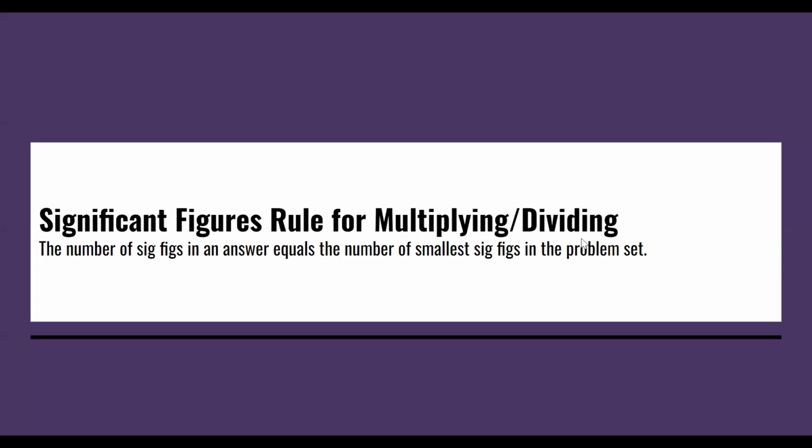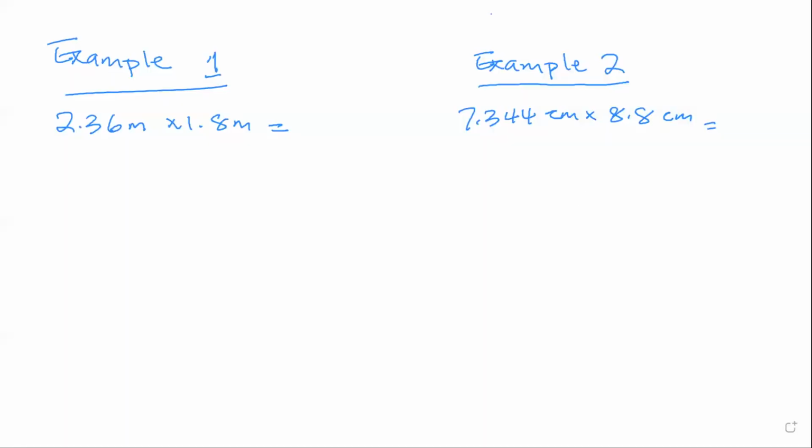Whichever one has the smallest significant figures, that's how you report your answer. Your answer will have the same number of sig figs as the one that has the smallest. So let's look at an example on this.